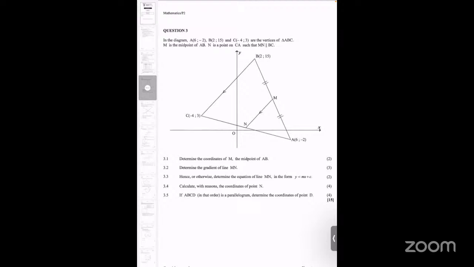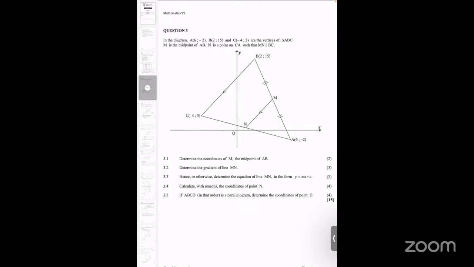And remember, I've always said analytical geometry is a game of 2 things. You must either have 2 points, if not 2 points, if you've got lines which may be parallel, you just need to remember that parallel lines have equal gradients. And then you just need 1 point because you'll have a gradient and a point.